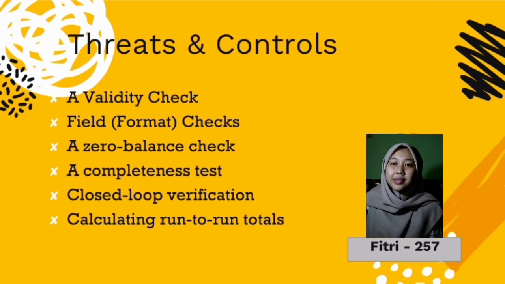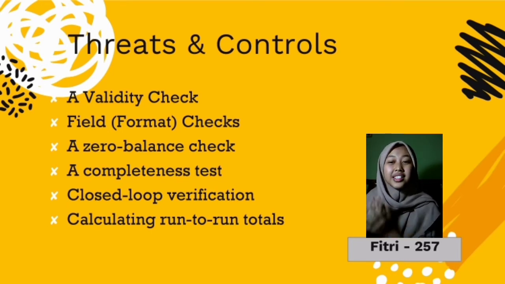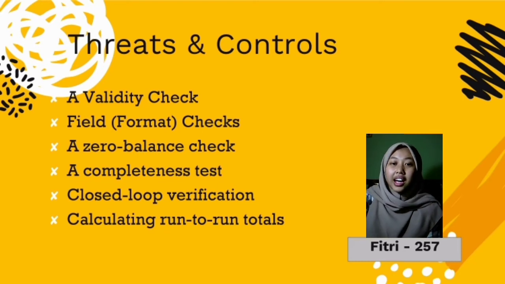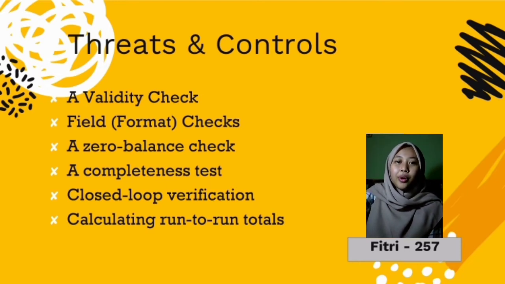Last but not least is calculating run-to-run totals to verify the accuracy of journal voucher batch processing. So these are the points that will be checked for accuracy and completeness in the general ledger.